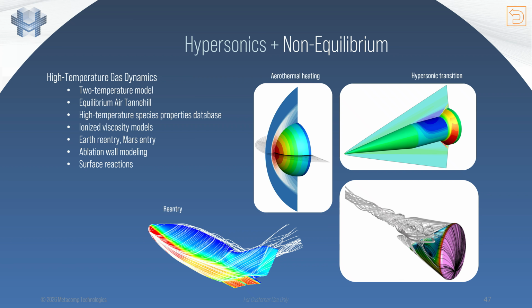Additionally, several ionized air transport property models can be employed to refine viscosity and thermal conductivity estimations at elevated temperatures. Special boundary conditions, such as catalytic, ablative, and slip walls, further enhance these simulations. These advanced modeling techniques have been successfully applied to aerothermal heating analysis of hypersonic and re-entry vehicles operating at extreme Mach numbers and altitudes.